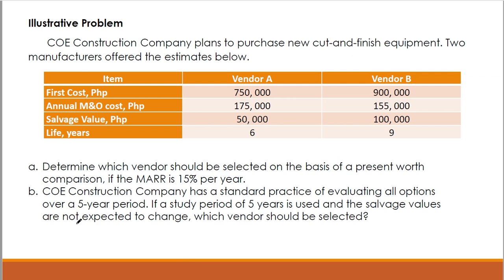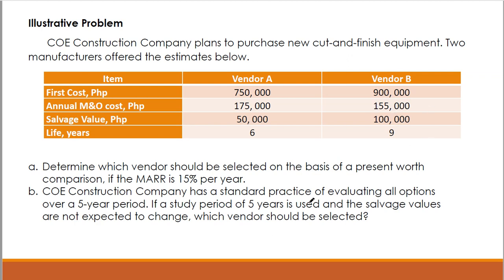So for letter B, the salvage value is not supposed to change. Even though the study period or analysis period is 5 years, with 6 years for this one and 9 years for this one, the salvage value is still 50,000 even though the analysis period is 5 years. So the salvage value is 50,000 at the end of 5 years, and this one is also 100,000 at the end of 5 years.